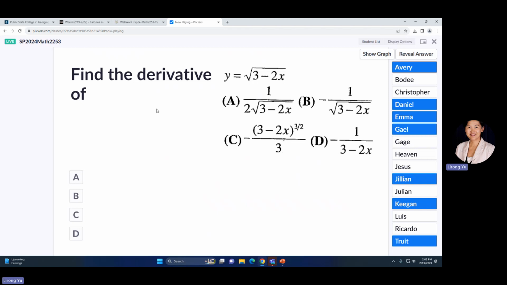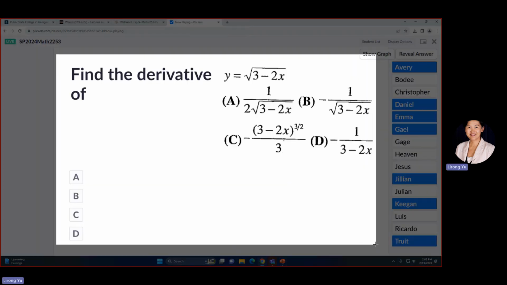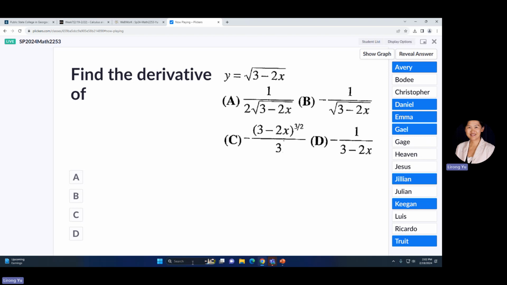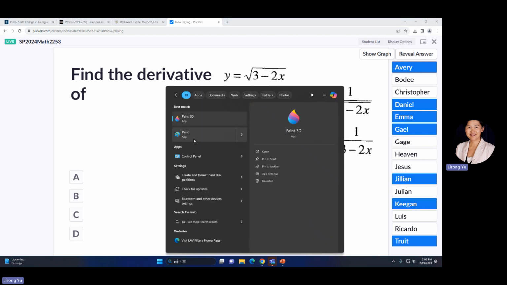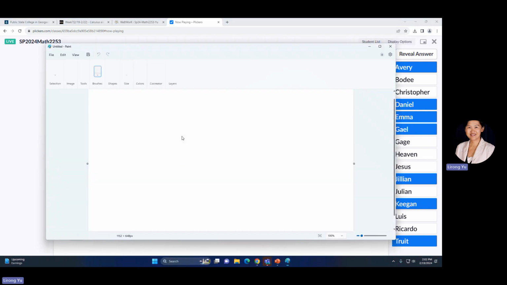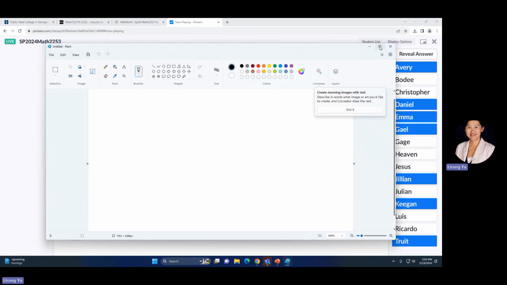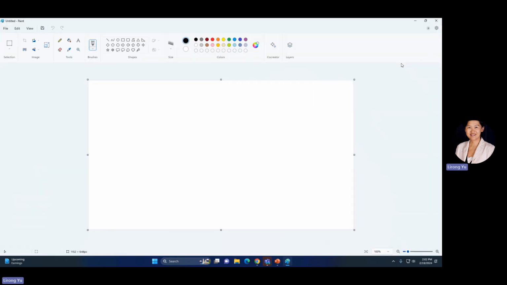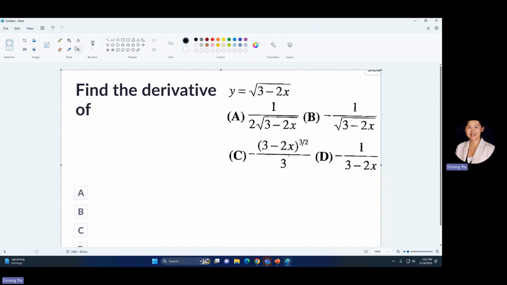It's not A. You have to apply chain rule, you have to find the derivative of the inside function. So let me try to write it out. We've got to remember that we have to apply chain rule. That is, we will find the derivative of the outside function and the derivative of the inside function.